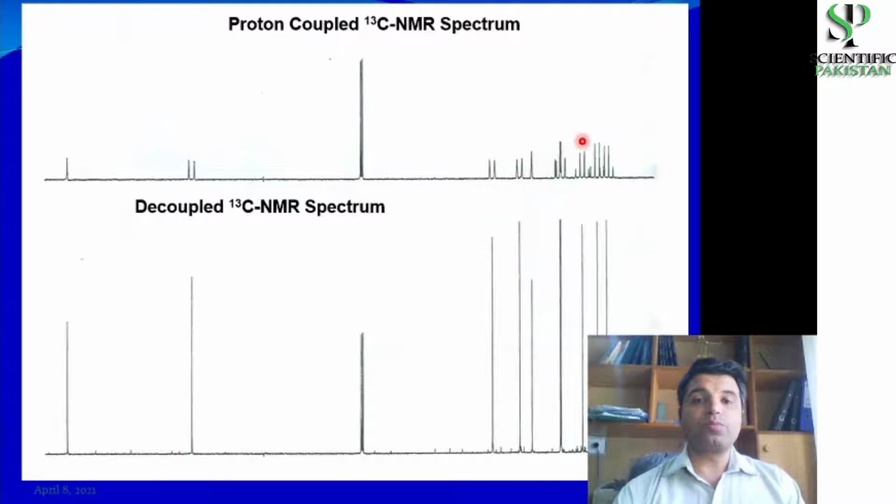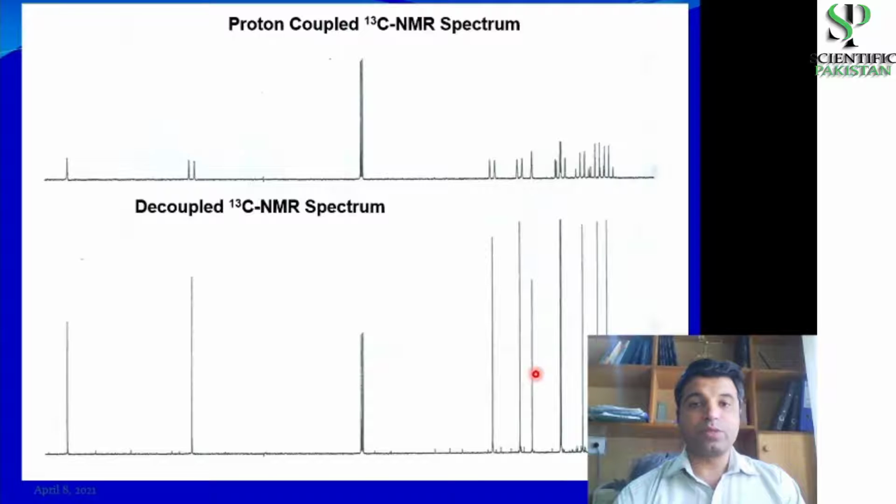The problem with the proton-coupled carbon-13 NMR spectrum is that the intensity is sometimes lower. So to increase the intensity of the signals, what we do is decouple the protons. And you can see now the same molecule, the same carbon-13 spectrum, but now it is a decoupled carbon-13 spectrum, and you can see the intensity increases for all the signals.